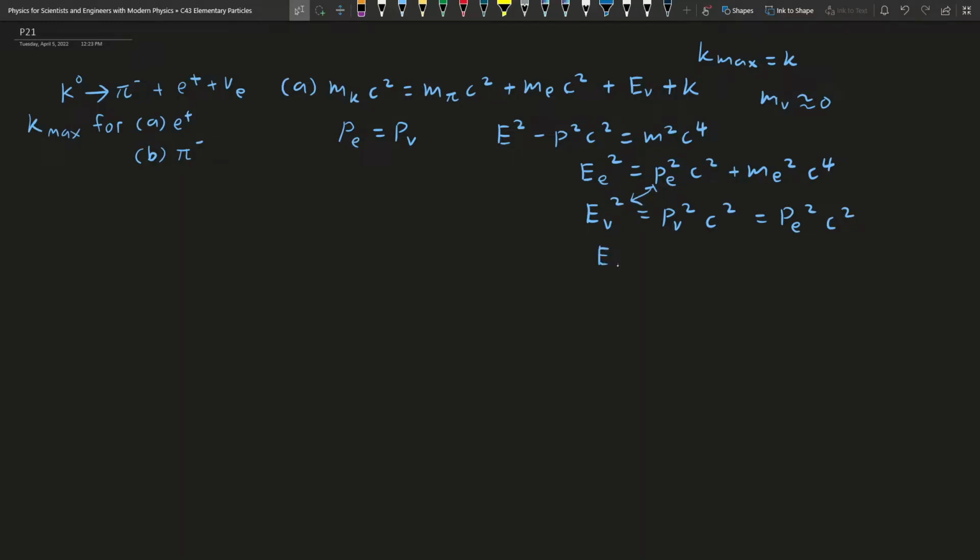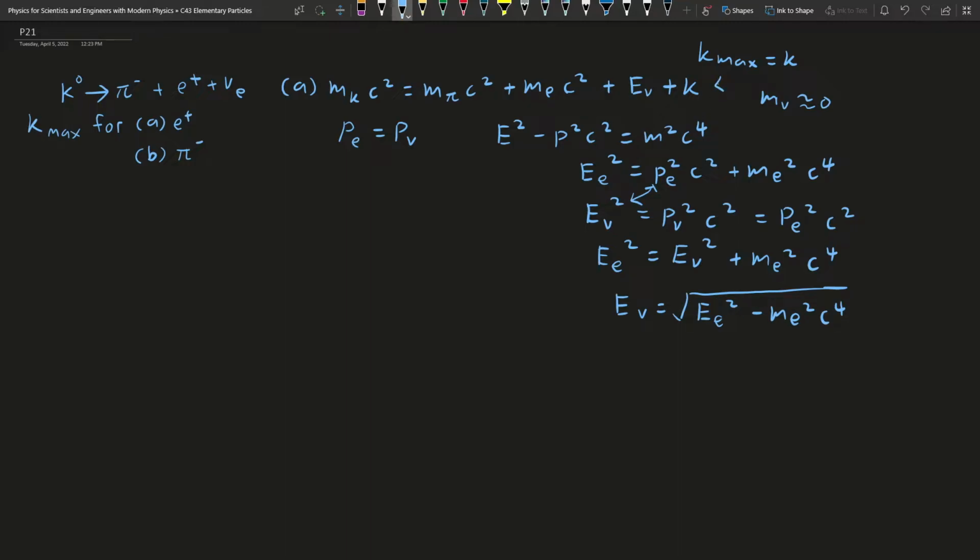We can write E_e² equals P_e²c² plus m_e²c⁴. Now you can see E_ν is just the square root of E_e² minus m_e²c⁴.